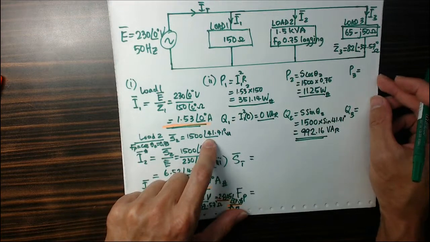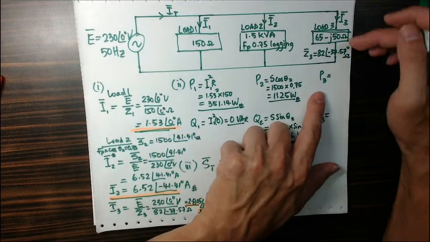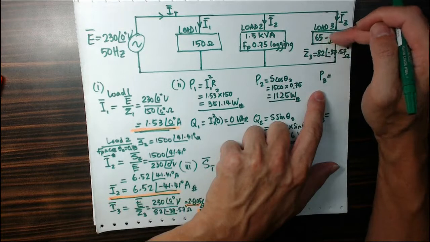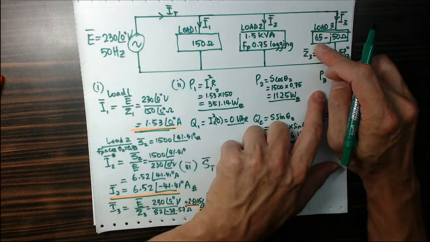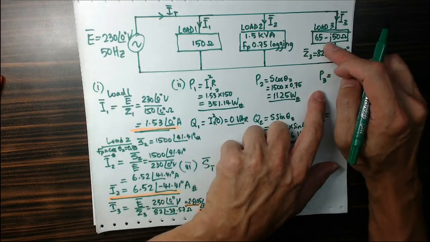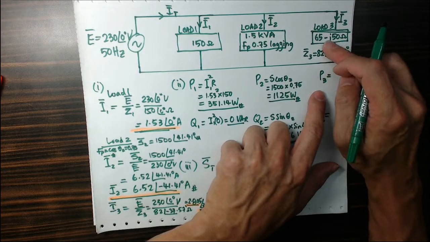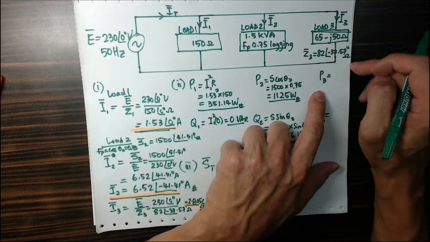And finally, we come to the last part. For the last part, we can make use of the original impedance version. In this example, there is a 65 ohm and a reactance of negative J. Negative J means there is a capacitor inside there.